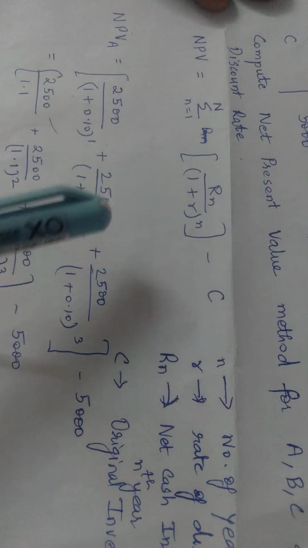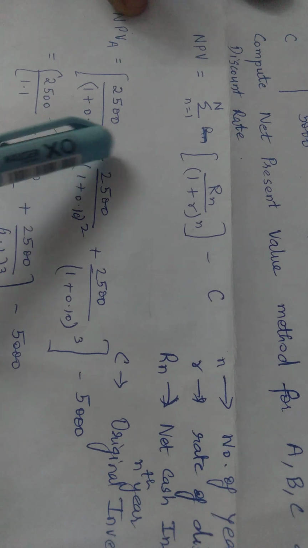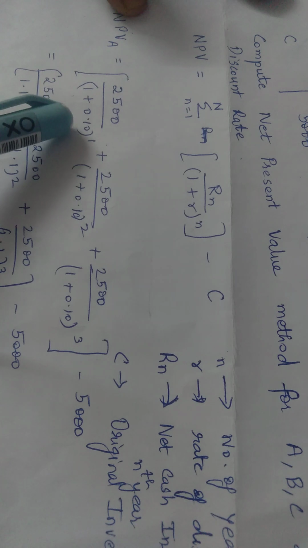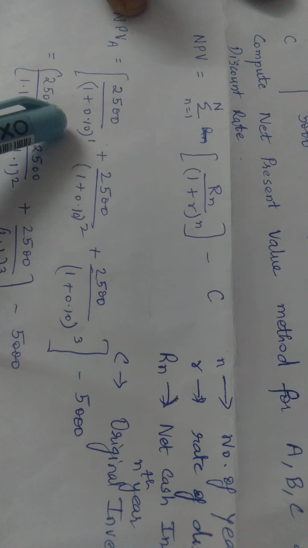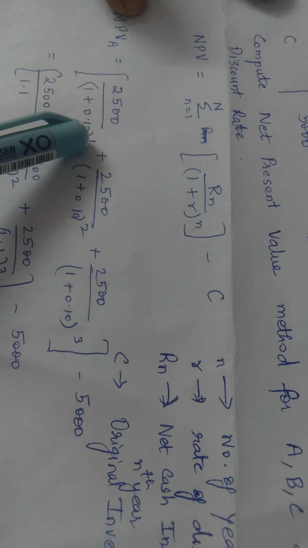So let us first find the net present value for investment A. It's 2500 upon 1 plus r, which is the rate of discount, which we take as 10%. So it becomes 1 plus 0.10 raised to n, which is 1 year.